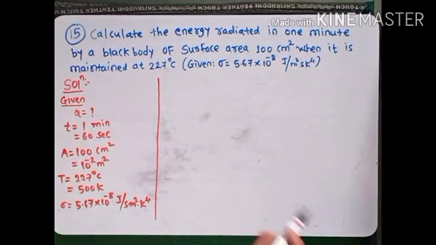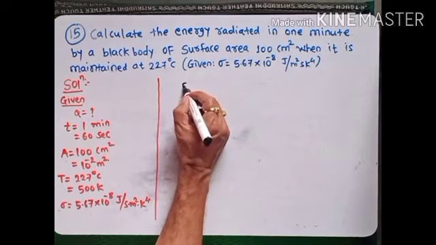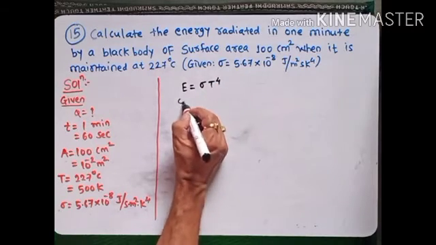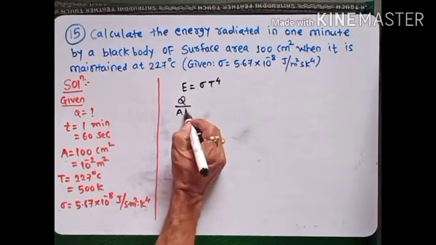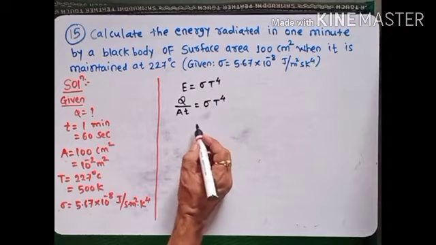Now we will solve. Now emissive power of a black body E equal to sigma T raised to 4, or Q upon A t is equal to sigma T raised to 4.